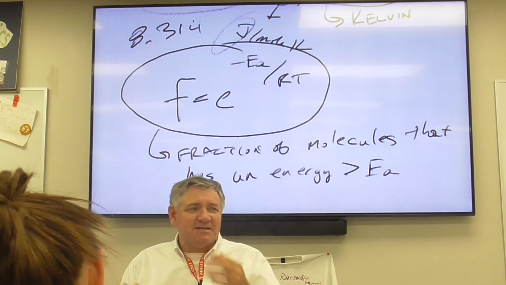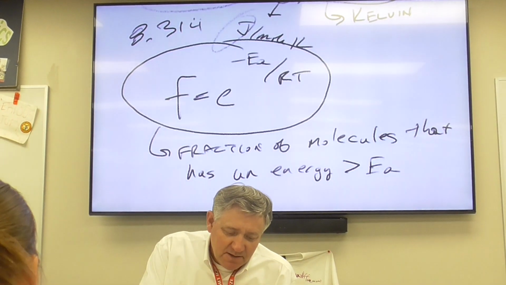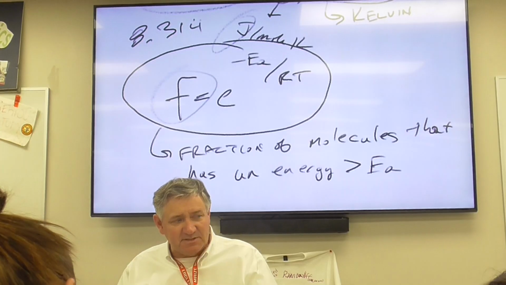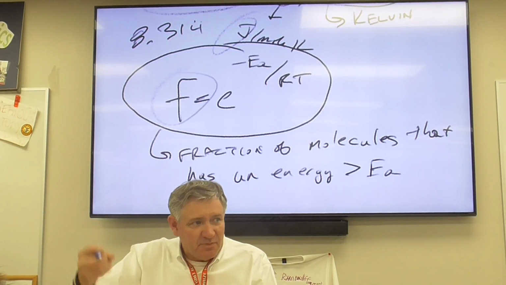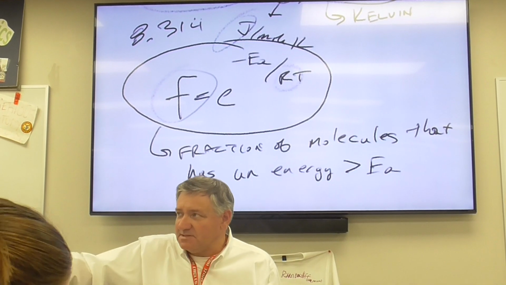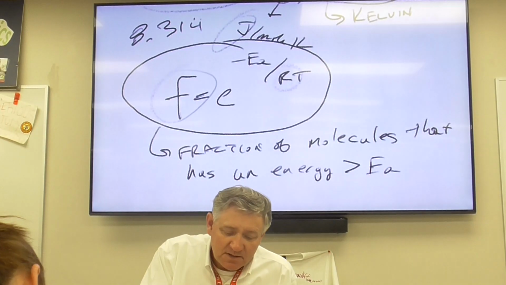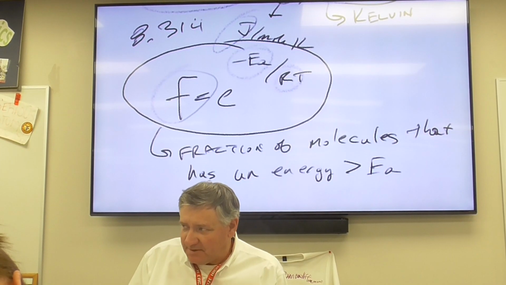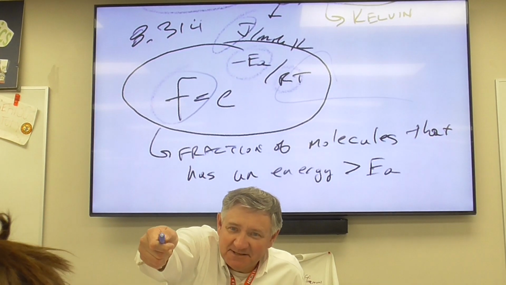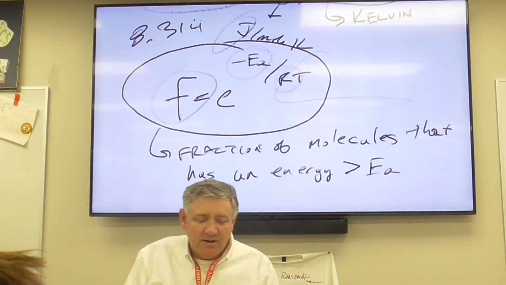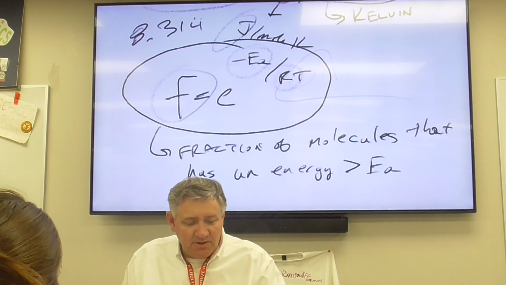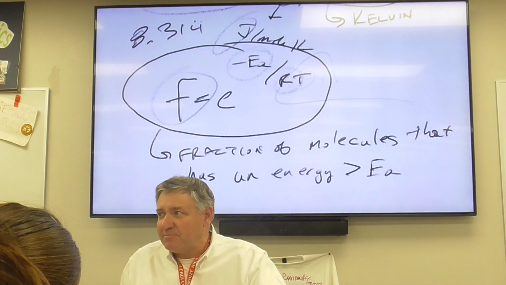Okay, so let me explain what this is. What this number gives you is what's called the frequency. It's how many collisions occur above the threshold. Now, obviously, your R is going to be the same R that you've been dealing with. So what units does your activation energy have to be in? Joules. The temperature has to be in Kelvin. Okay? If you go through the math, because it's negative E sub A, first off, this value has to be less than 1, because it's a frequency.